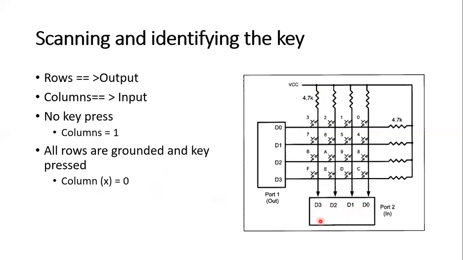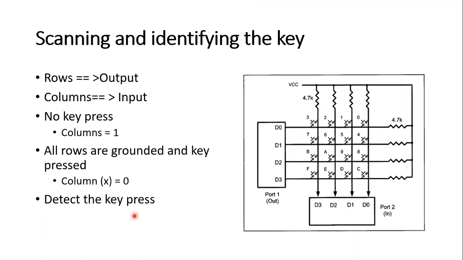That's what I've written here: any of the columns will have a 0 value if any key is pressed in that particular column.